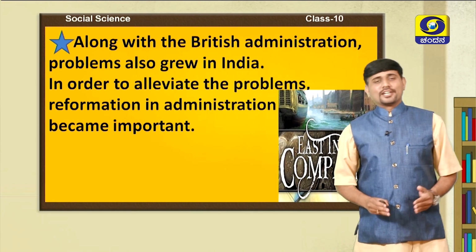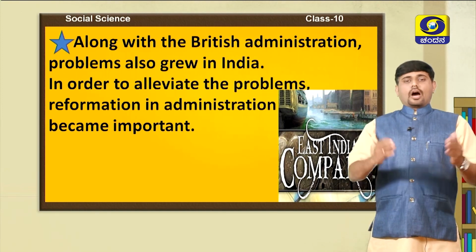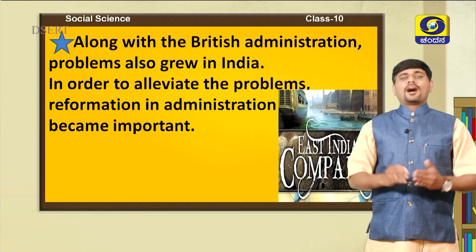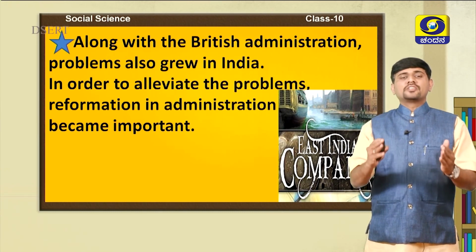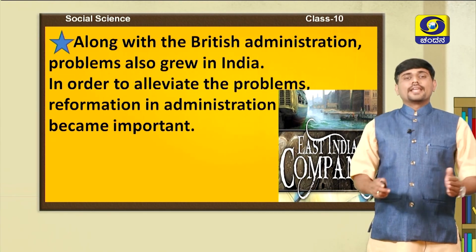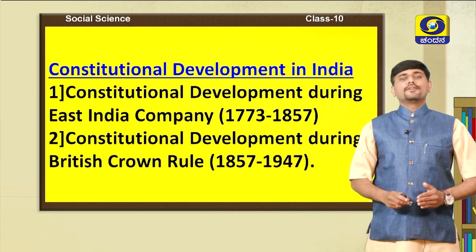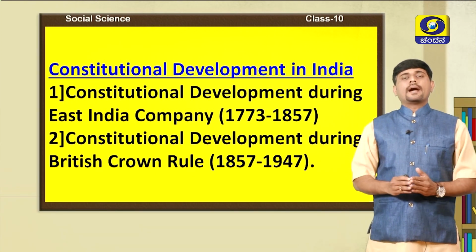First, let us come to know, children, why did the British government introduce the Regulating Act in India? Along with the British administration, the problems also grew in India. In order to alleviate the problems, reformation in administration became very important. Therefore, the British government started to do reforms in the field of administration.